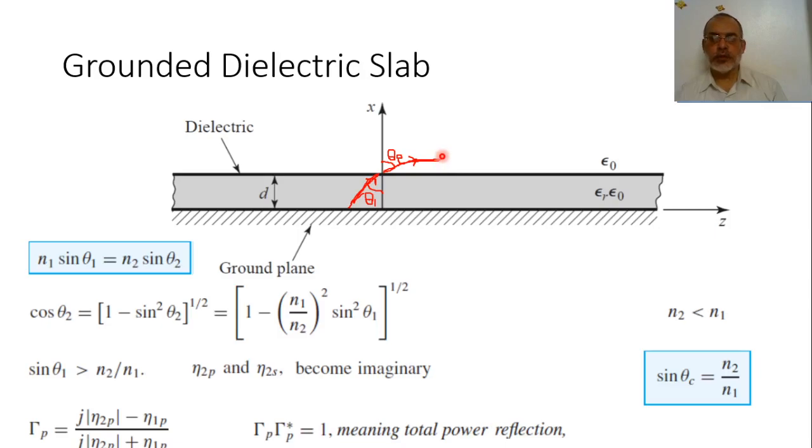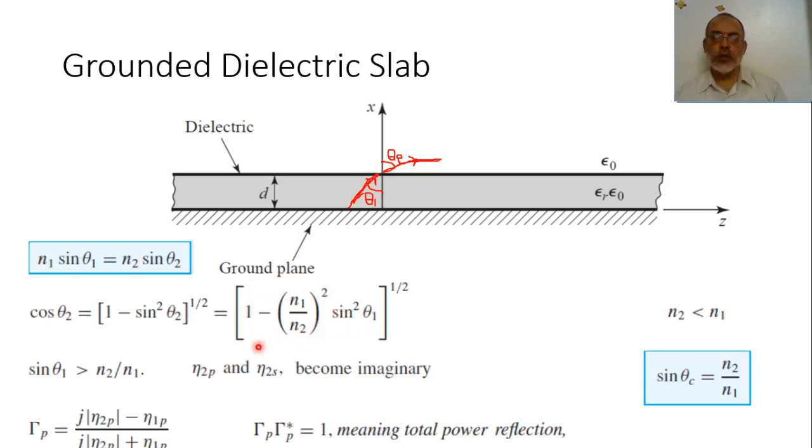The question is, what will be the situation if theta 1 is greater than this value? If theta 1 is greater than this value, then epsilon r sine squared theta 1 would be greater than 1, and in this case the argument of the square root would be negative.